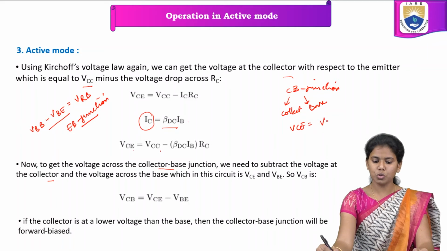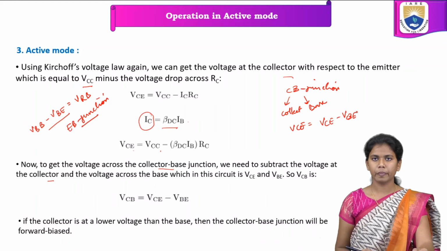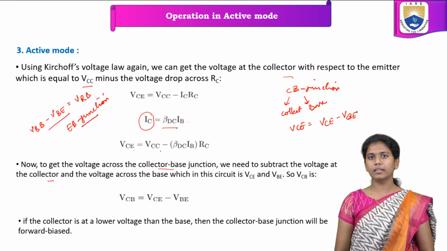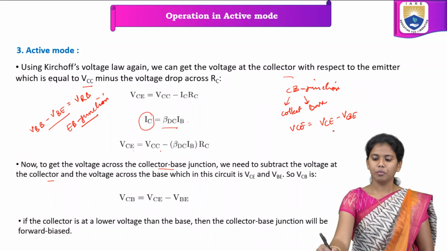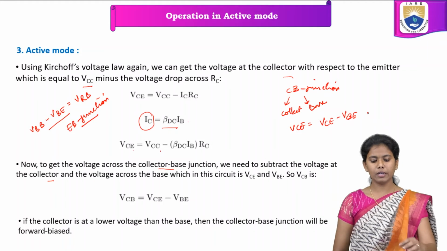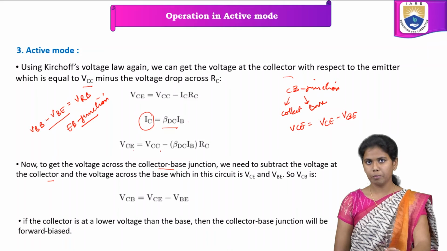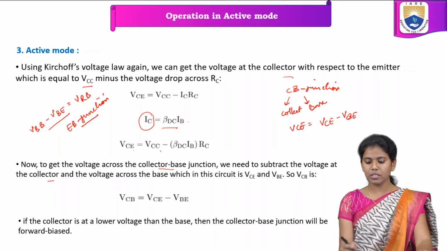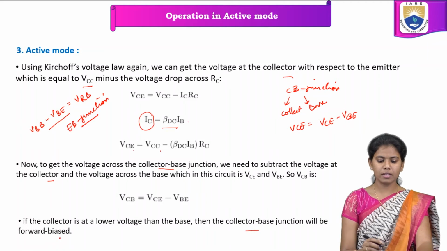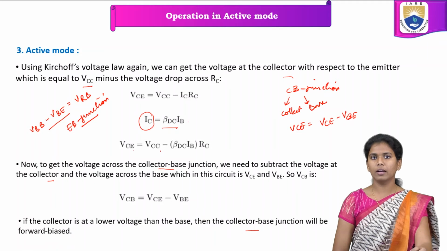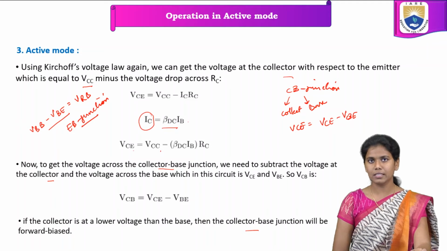The voltage across collector and base is the difference between VCE and VBE. If the collector is at a lower voltage than the base, then the collector base junction will be forward biased. Let's ponder on this last sentence again.